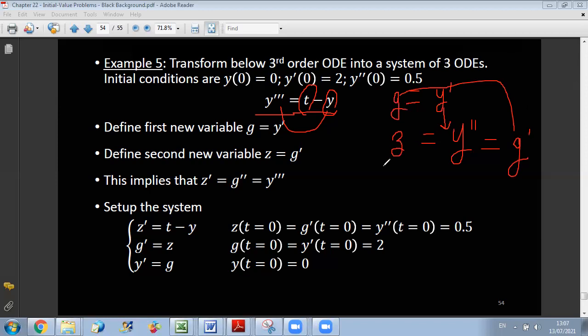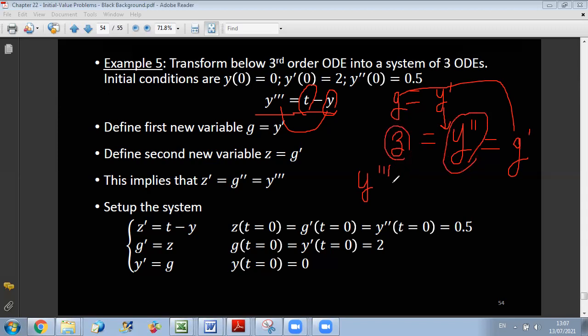Now I am interested in y third. What is y third? The third derivative of y is simply the derivative of y second, which is z prime.